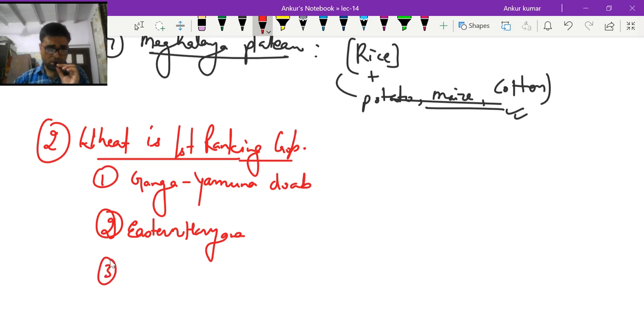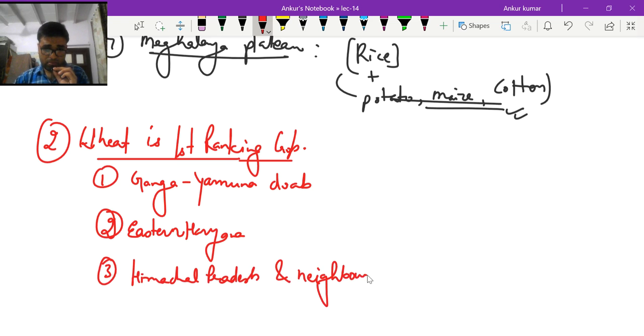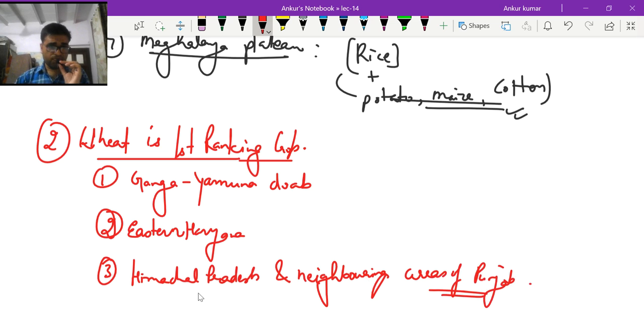Coming on to the third one, where wheat is the first ranking crop, is Himachal Pradesh and neighboring areas of Punjab. So this is the third region where wheat is the primary crop. The fourth one is the rest of Punjab.